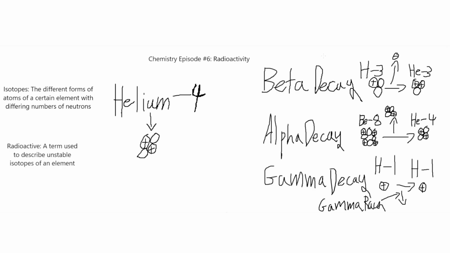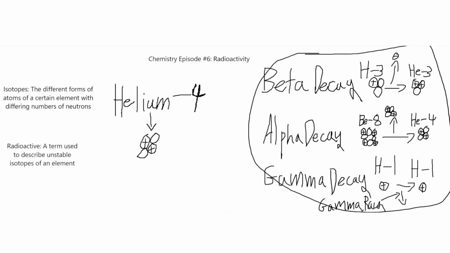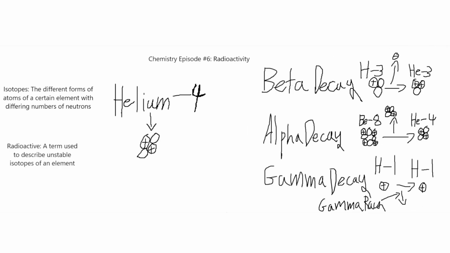Now, these are the different types of decaying. First, there's beta decay. Beta decay is when an electron is emitted from a neutron and so it becomes a proton. Remember, neutrons have a neutral charge, so if you take a negative charge away from it, it's going to become positive. This is beta minus decay. Beta minus decay is when a neutron becomes a proton.